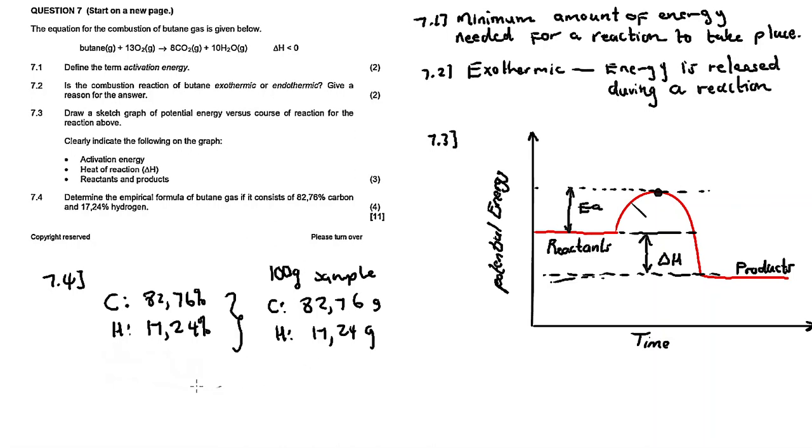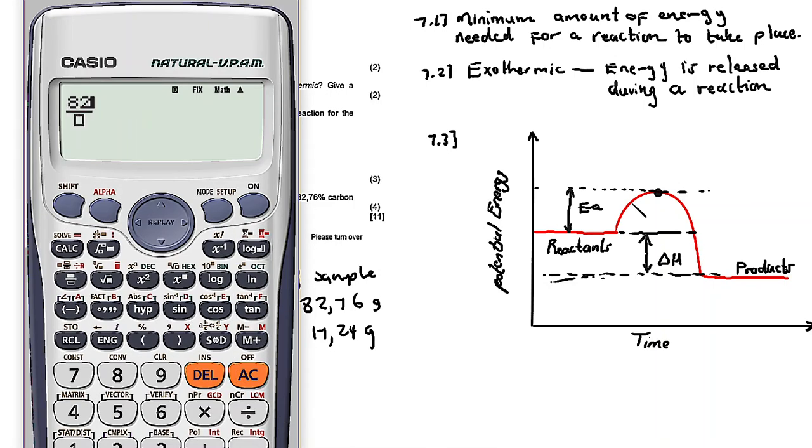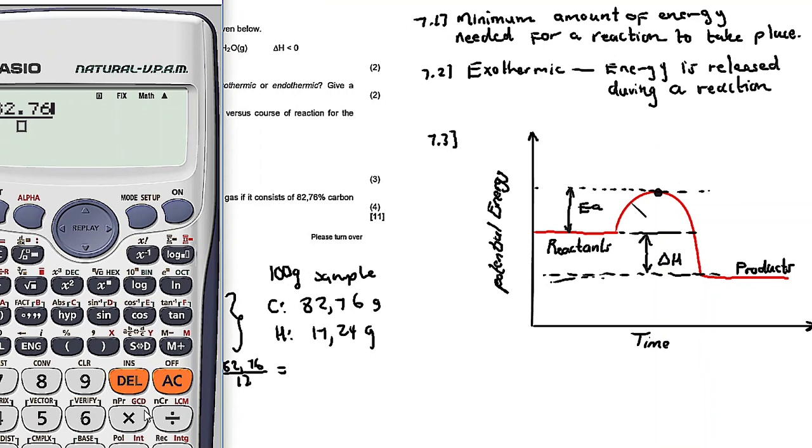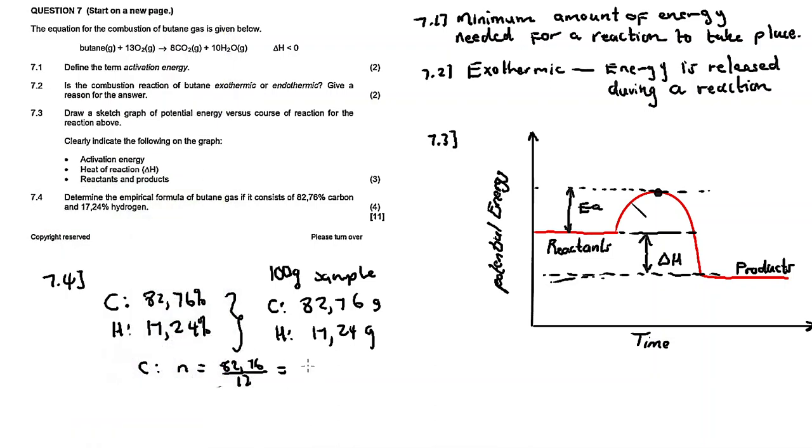So let's move on. Now for carbon, the number of moles is equal to mass, which is 82.76, divided by the molar mass of carbon, which is 12. 82.76 divided by 12 is 6.896 moles.